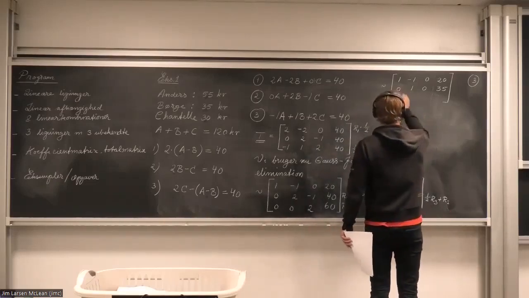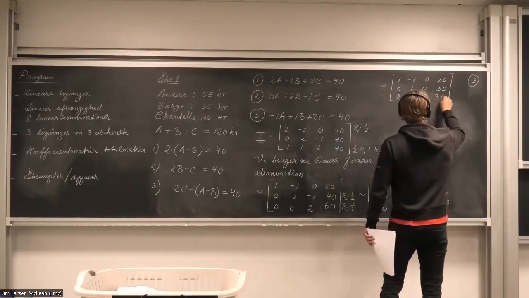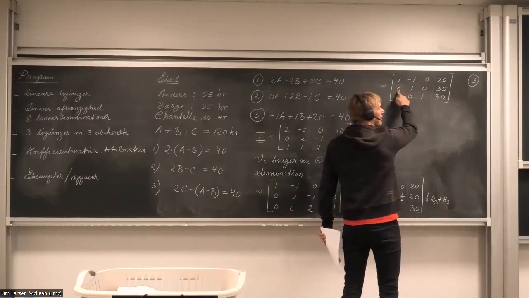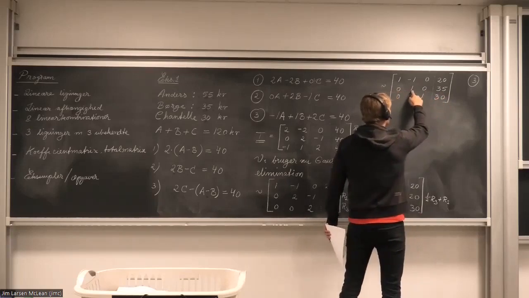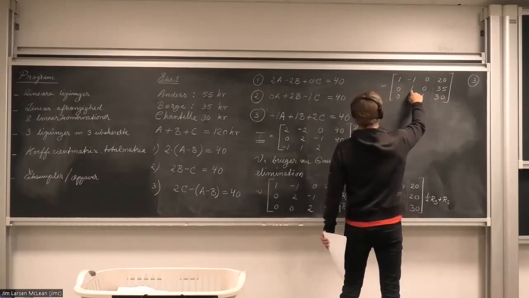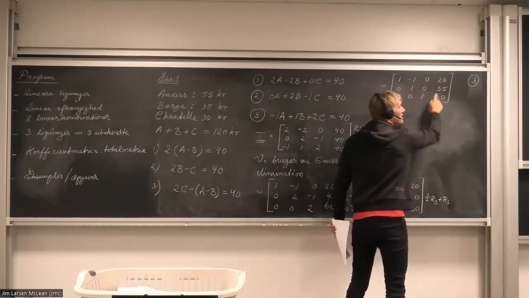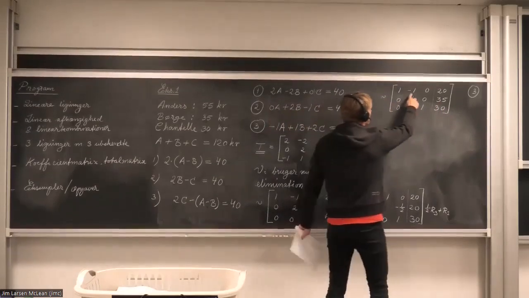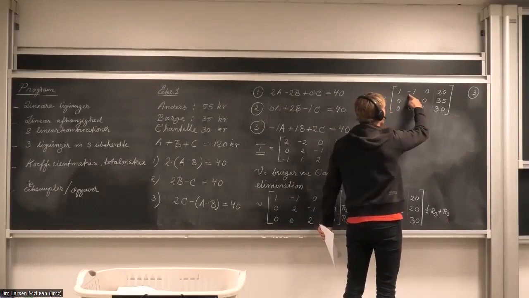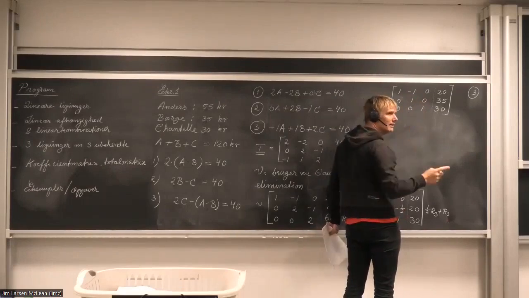So it says 0, 0, 1. So now we can see that 0a plus 1b plus 0c gives 35. So how much do you have? 35. Now we are almost done. The last thing I need is just to get a 0 there. And then I have 1s on the diagonal, leading ones.